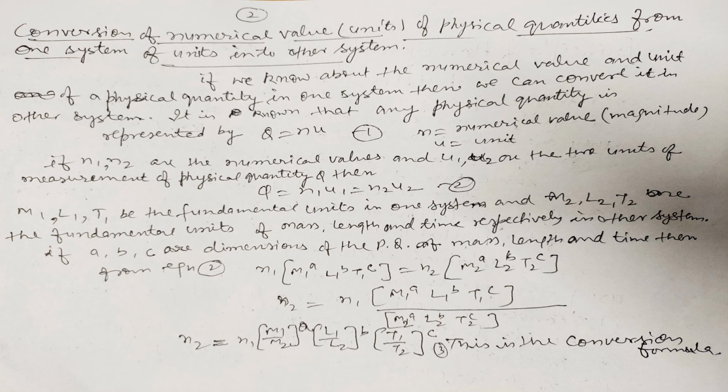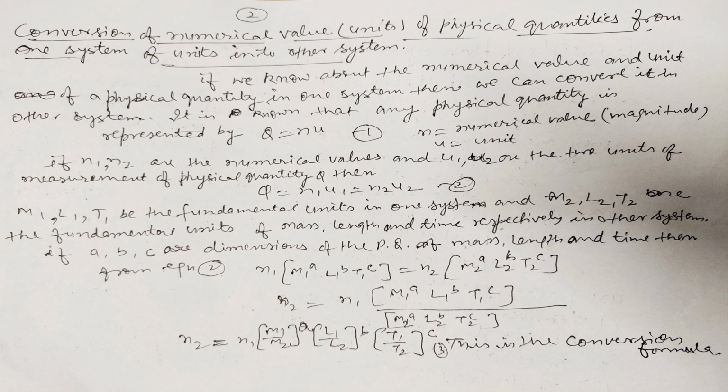You can also try to solve some examples related to these uses. Please go through this principle of the homogeneity of the dimensions and this conversion formula, so that you can understand the exercises easily. You can solve one example: 1 Newton is equal to how many dynes.